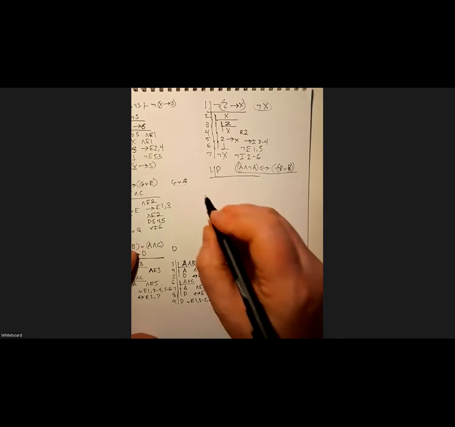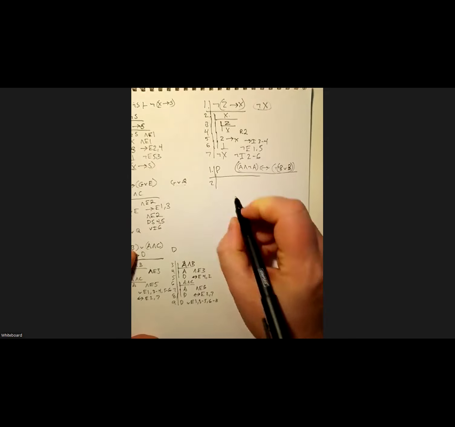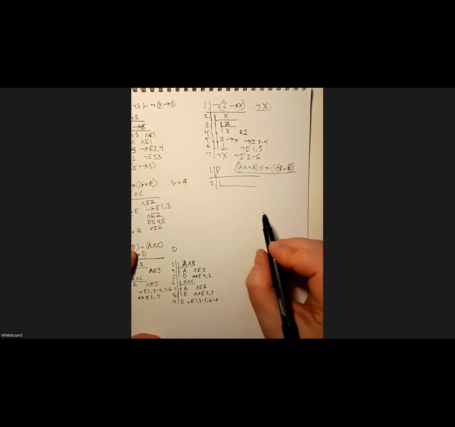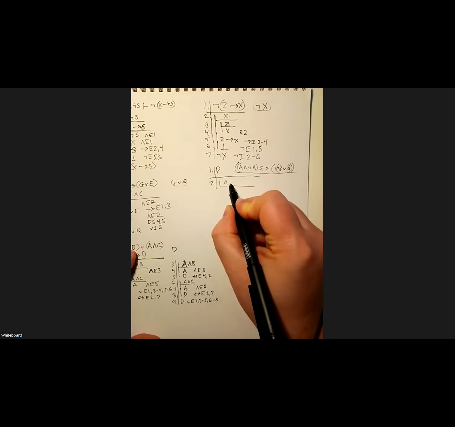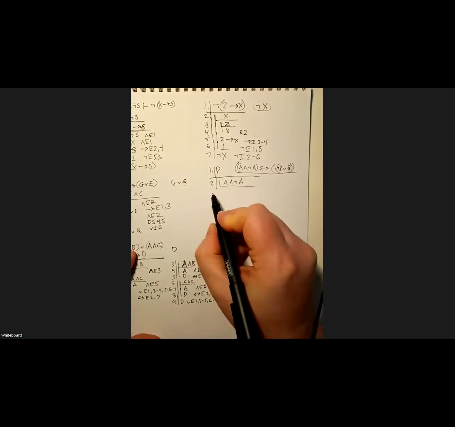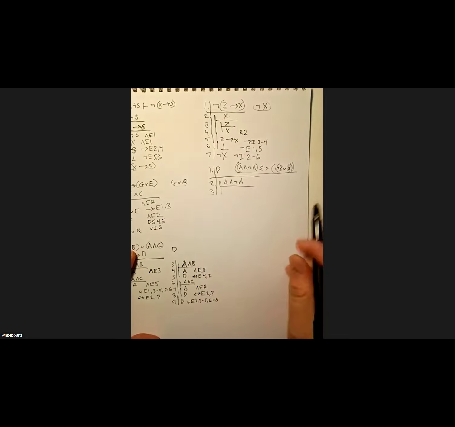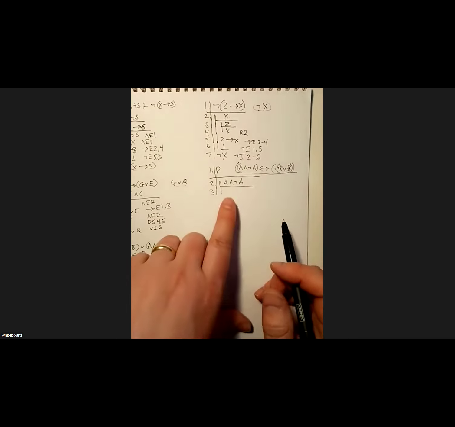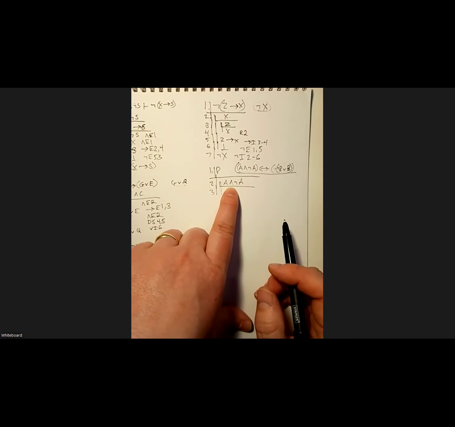So let's kick open our first subproof. We want to start with the left-hand side and end with the right. This subproof needs to somehow end in that sentence right there. Interesting. Now, what's weird about sentence 2?